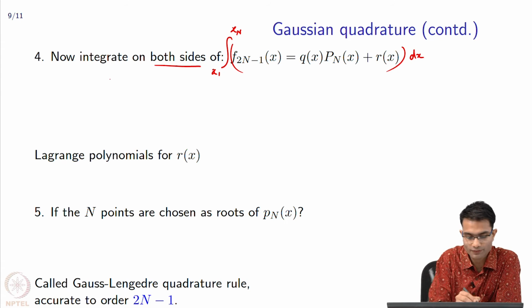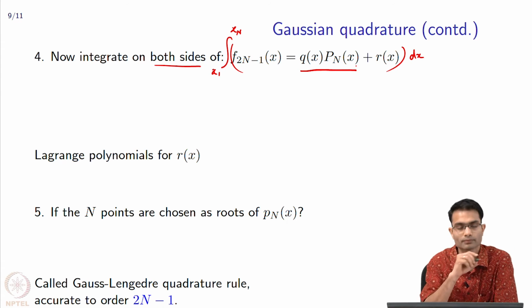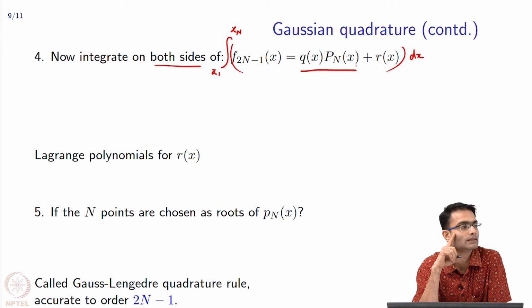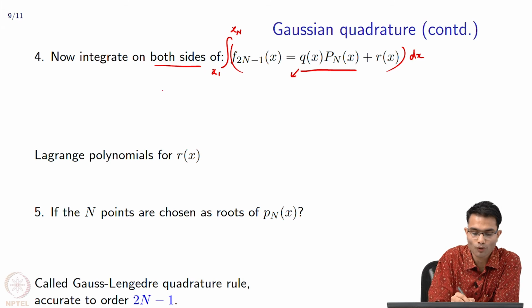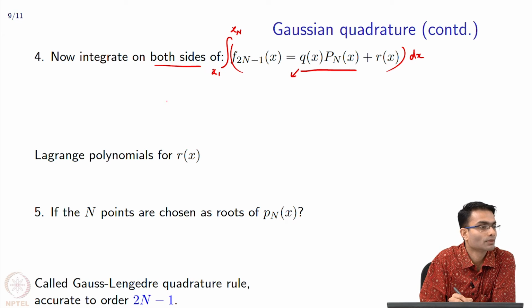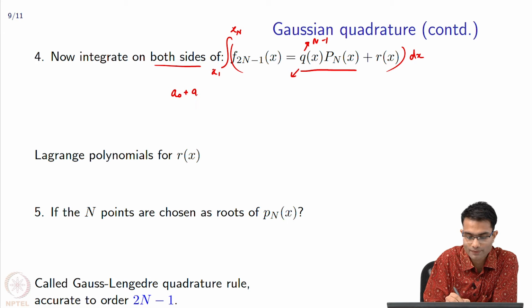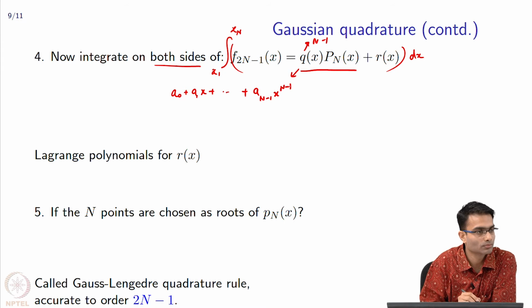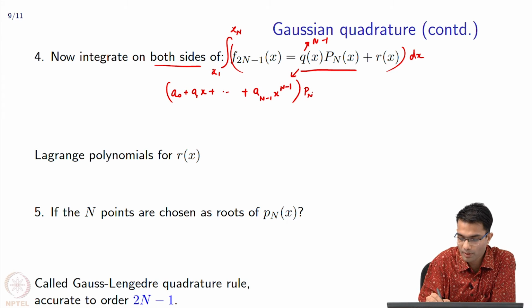Let us look at the first term. When I integrate q(x) p_n(x), what do you think the answer will be? The answer has to be 0. q(x) is a polynomial of order n minus 1, so I could have written it as a0 plus a1 x plus up to a_{n-1} x^{n-1}, multiplied by p_n(x) and integrated.